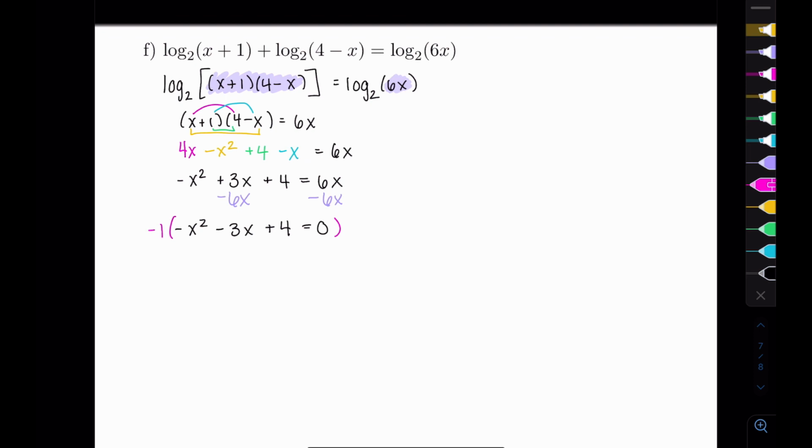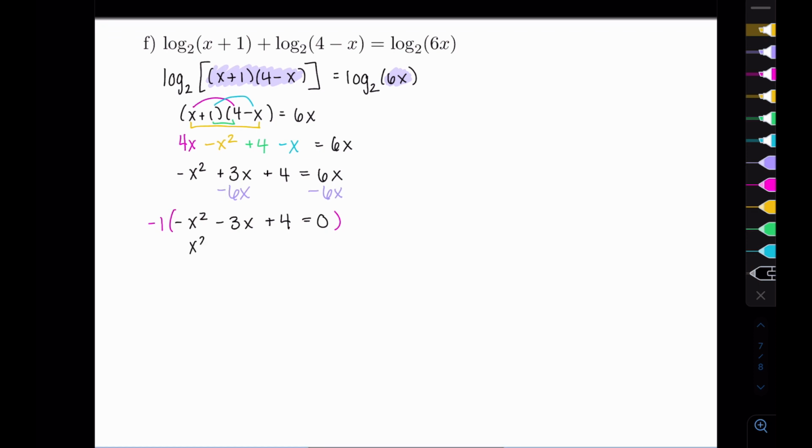So I'm going to multiply this entire equation by negative 1 to flip all of these signs. It becomes x squared plus 3x minus 4 equals 0. That makes it a little bit simpler when I set up my factoring. My first terms have to be x and x to give us x squared. To get the last to multiply to negative 4, we can do 4 and 1.